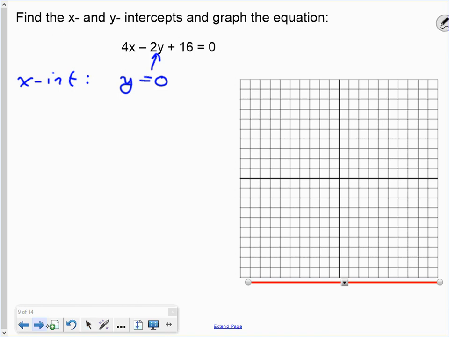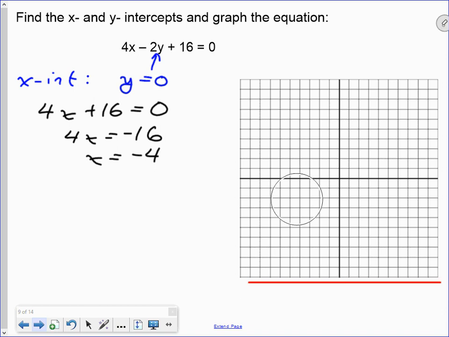So we can just write down 4x plus 16 is 0. It's like we can just cover up that negative 2y. We know how to solve this. We're going to subtract 16 from both sides, and then we're going to divide by 4. So our x-intercept is at x equals negative 4.